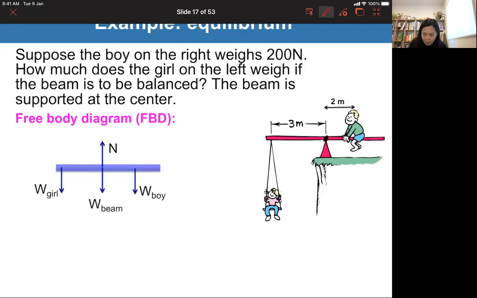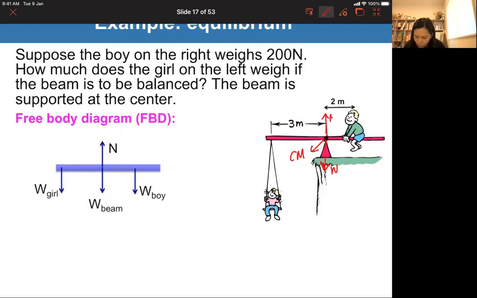The center of mass is at the geometric center of the beam. That's where the weight force will act. So you have the gravitational pull on the beam, the weight force of the beam, which is always directly downwards, and the normal force from the support that's directly upwards.